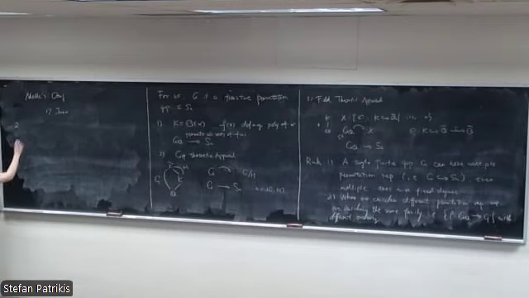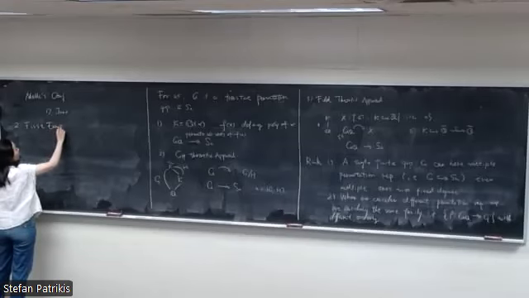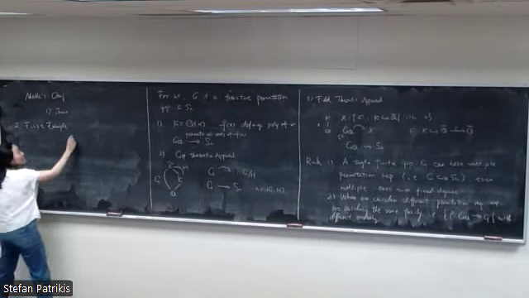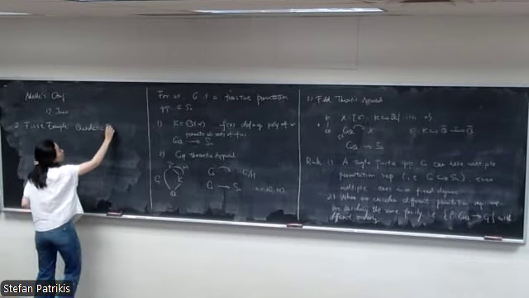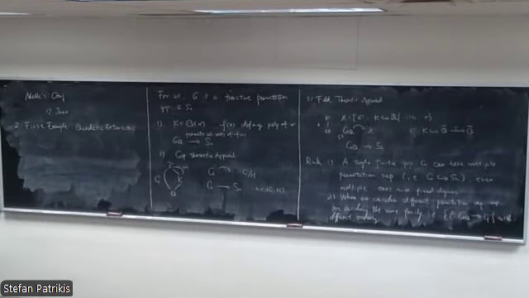So the first example, a starting point of counting anything, is the quadratic extensions. And this is very elementary.